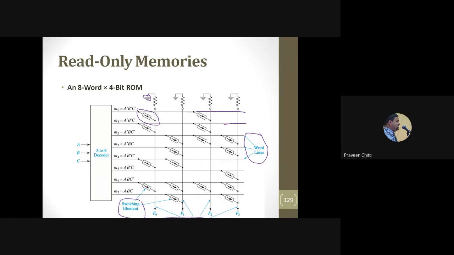So normally all the output lines are connected to ground, so we got the outputs F0, F1, F2, F3 as 0. Now I have connected only one switching element. This switching element connects the minterm M0 with the output line F0. Is that clear? Can you tell me now what will be the output of F0, F1, F2, F3 in this case? Yes, Sahana again.